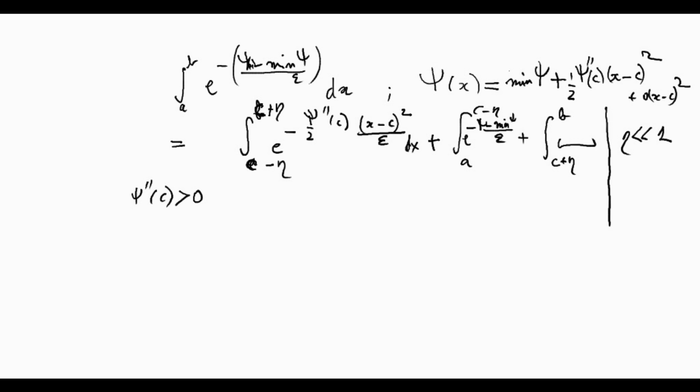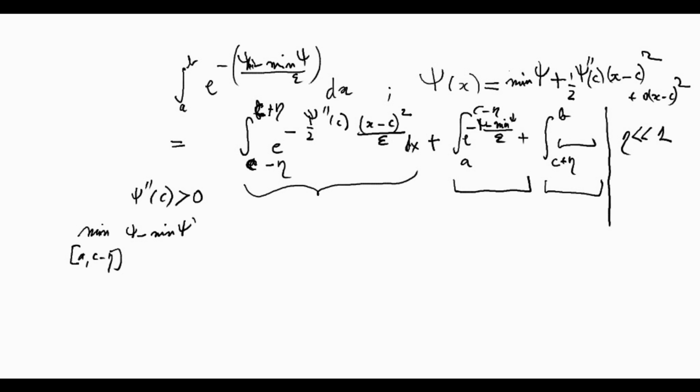focus on this integral. So I will leave, it's not very hard to show that this quantity and that quantity are actually exponentially small, because outside c minus eta, the minimum of this quantity in the interval a to c minus eta is strictly positive.